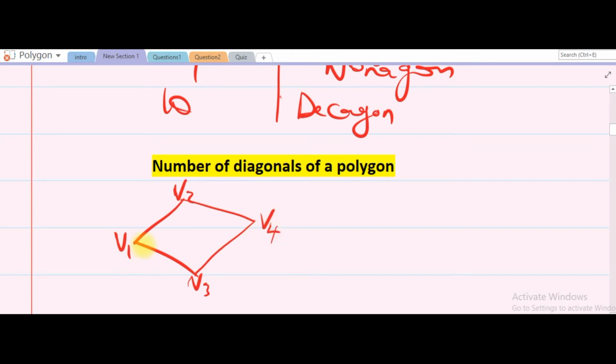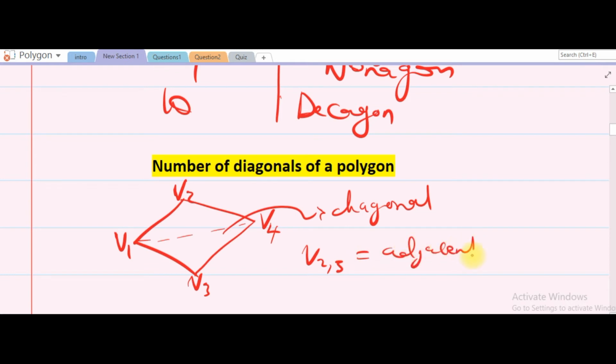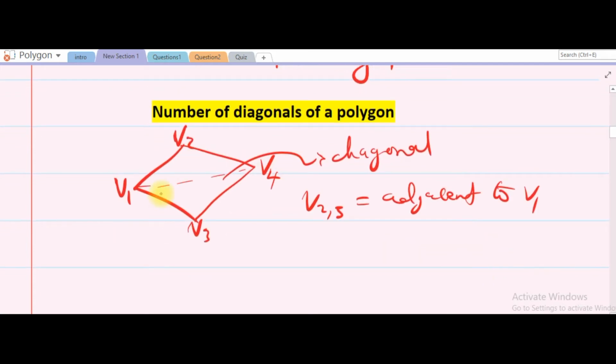If you join V1 and V3, this is a diagonal, because V2 and V4 are adjacent to V1. We can't form a diagonal by joining V1 and V2 or V1 and V4 because they are adjacent. So a diagonal is formed when two non-adjacent vertices are joined. That's what we call a diagonal.